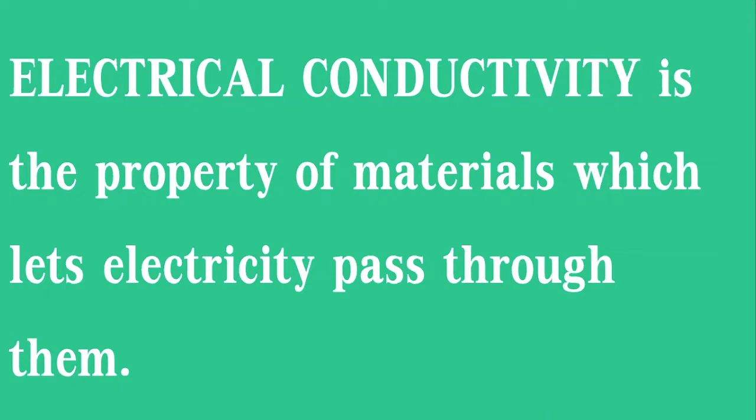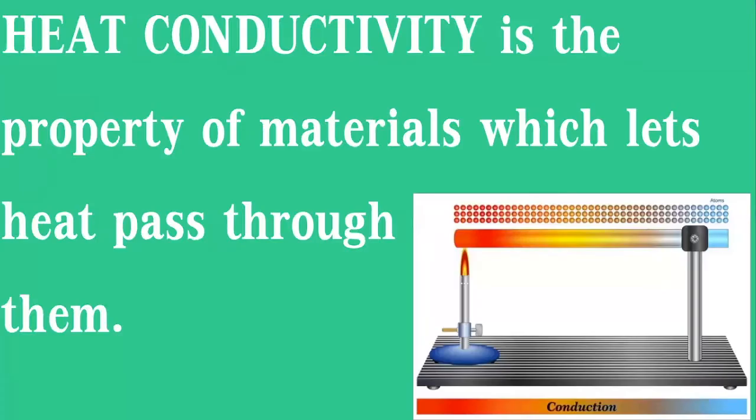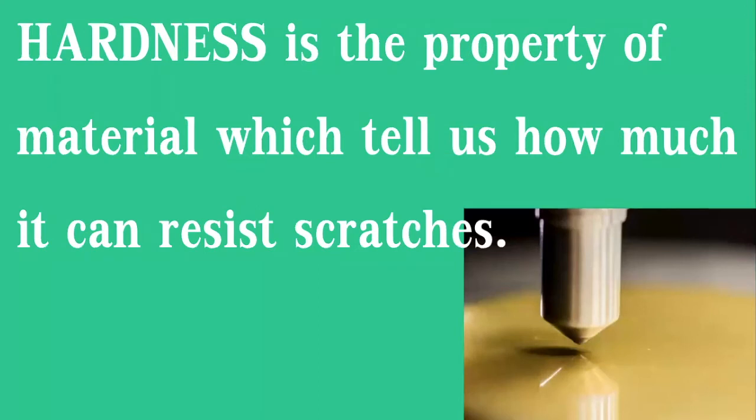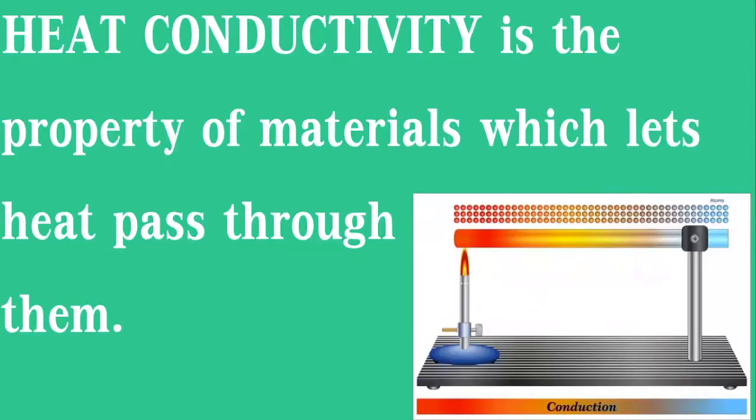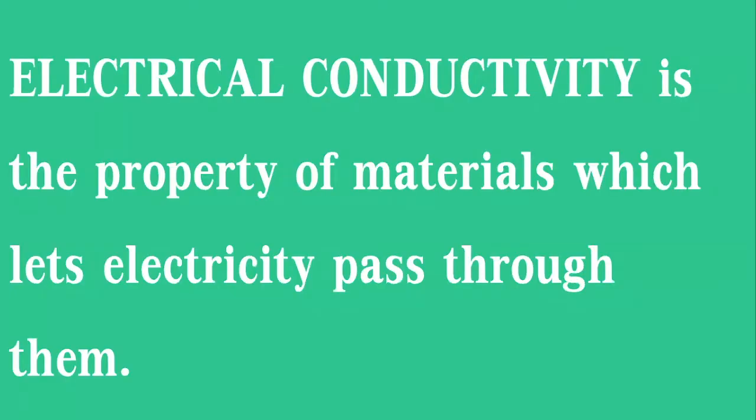So pause the video, open your copybook, find the topic, physical properties of materials, find the three properties: hardness, elasticity, heat conductivity, and continue writing electrical conductivity. Pause the video, write the sentence, please. Electrical conductivity is the property of materials which lets electricity pass through them.